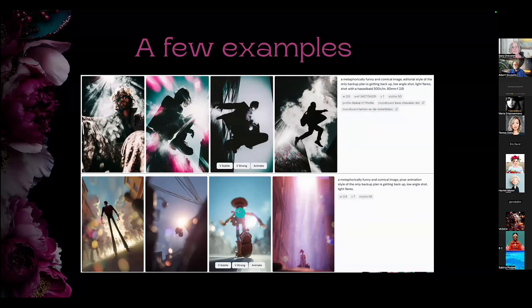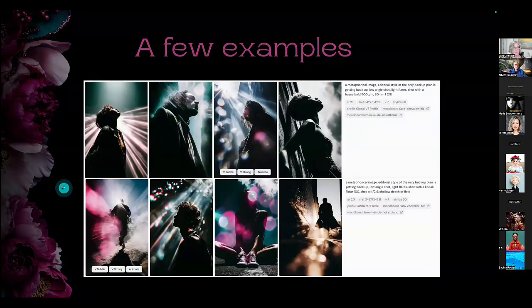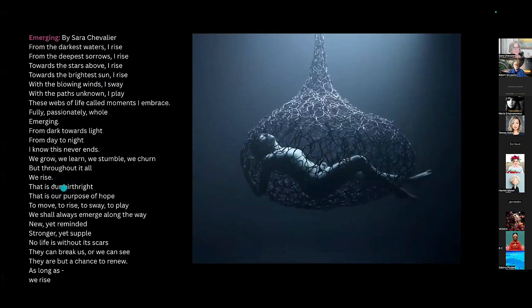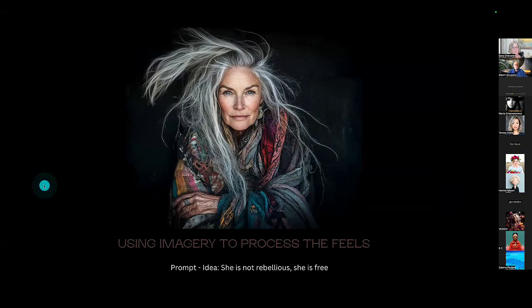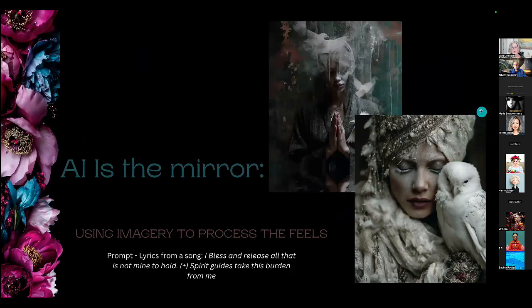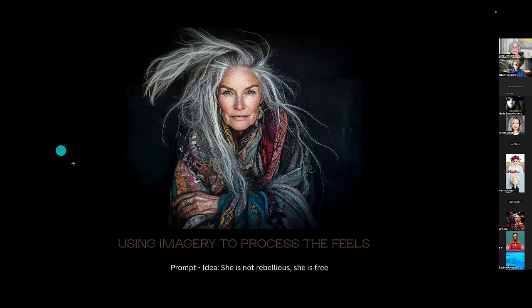The whole point of coming into this world was to get my fingers dirty back in the creative of it all. So let me go back a little bit here. Oh yeah, here I was. So that idea, like I talked about, how do we create images?